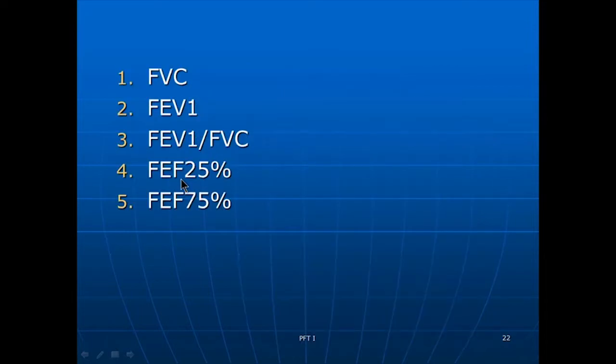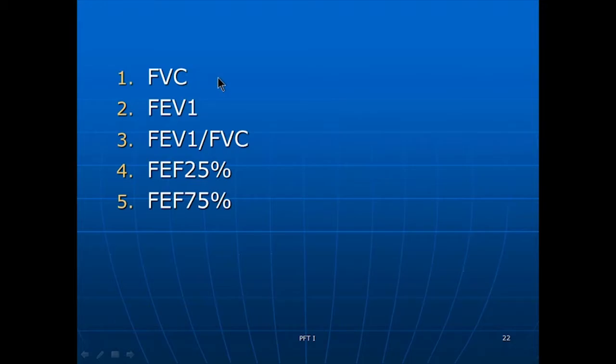So we're looking at flows, and patients that have a problem with flow indicate an obstructive disease. And patients that have a problem with volume have a problem with restrictive disease.